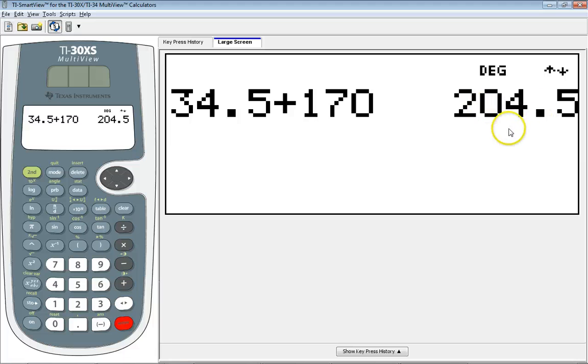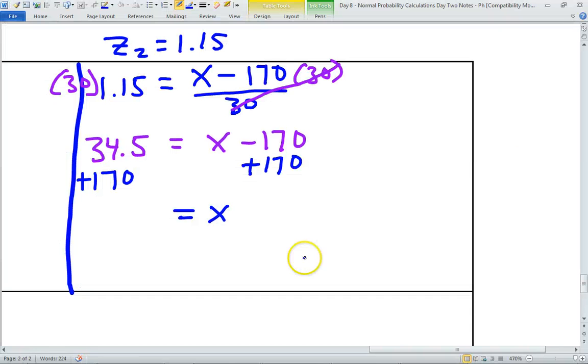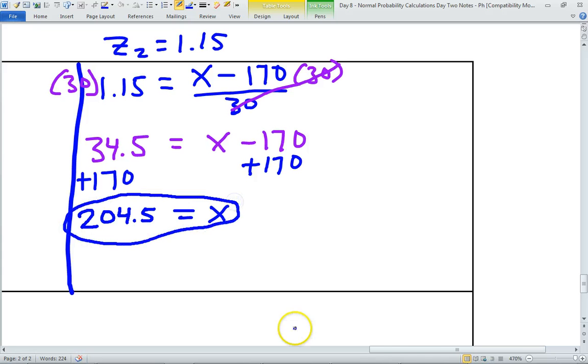Okay, so that's 204.5. Okay, so that's the other boundary in cholesterol.